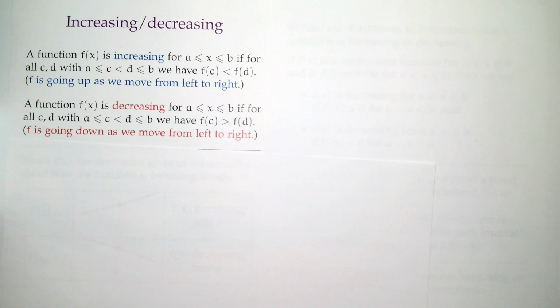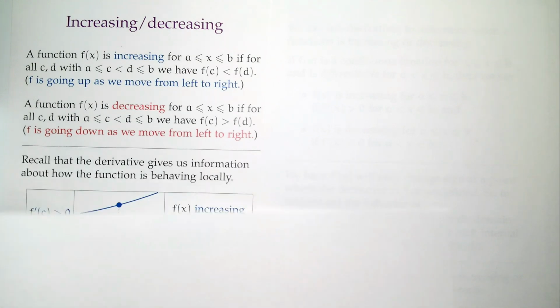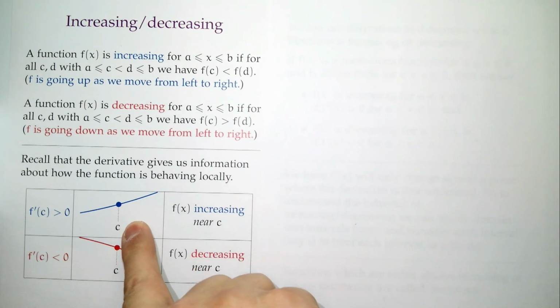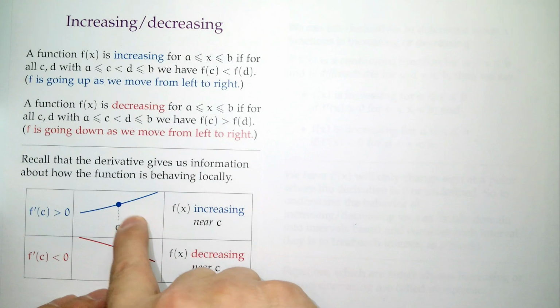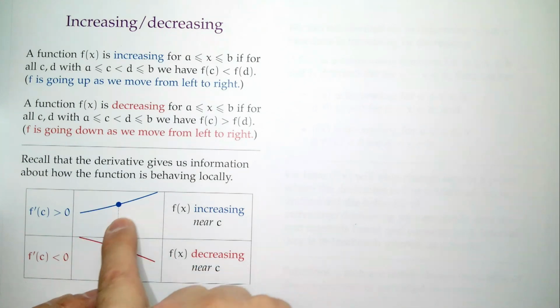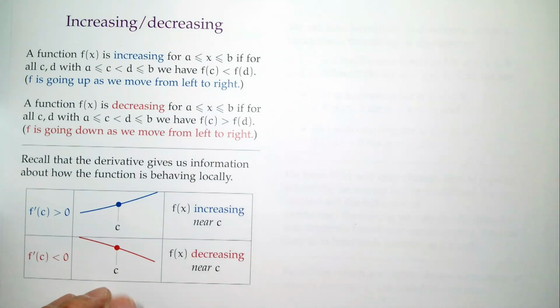Now, what does this have to do with differentiation? Well, remember that the derivative gives us a lot of information about what's happening locally. So I can look at the derivative and say, okay, if the derivative is positive, then what that means is that near my point C where I took that derivative, it locally is looking like a line with a positive slope. So it's locally going up.